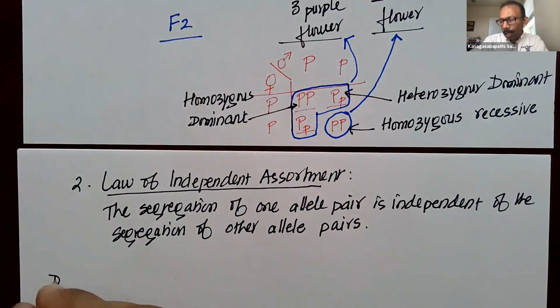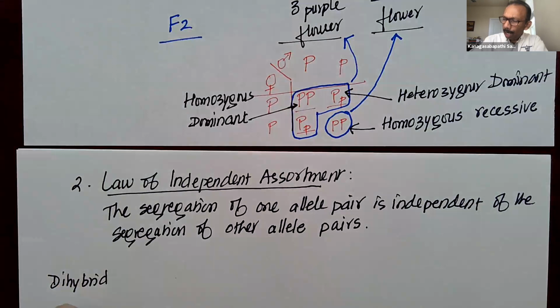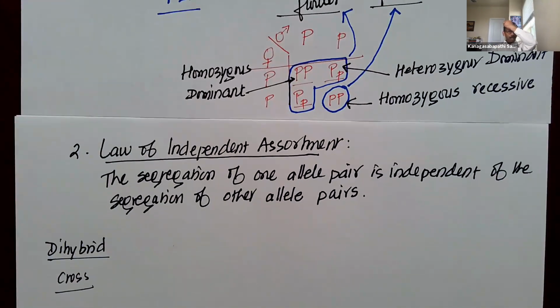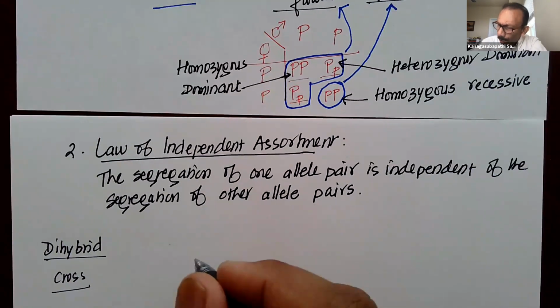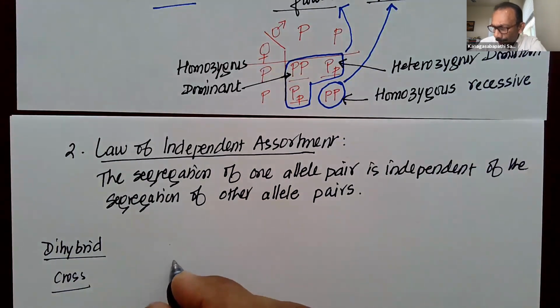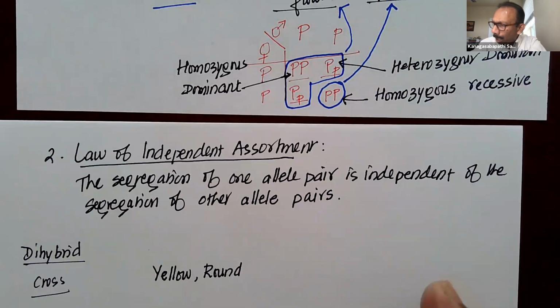So for that, he uses a dihybrid cross. The monohybrid cross is the previous one. A dihybrid cross is where he talks about two characteristics: the seed color and the seed shape. Yellow color and round shape is one type.